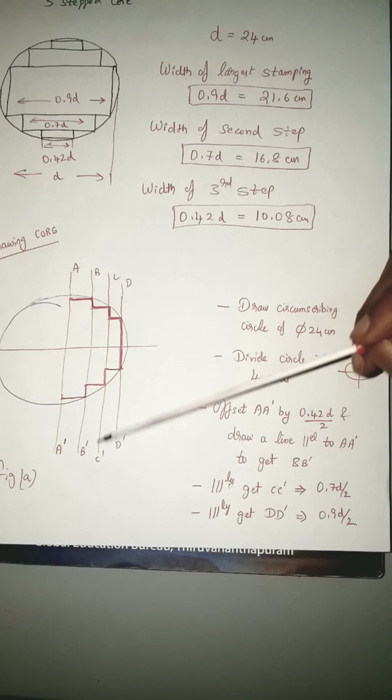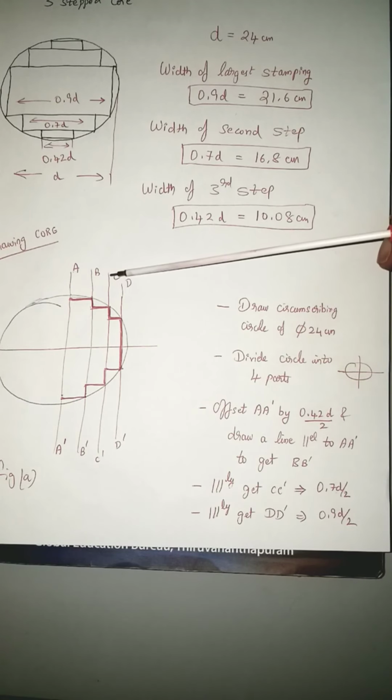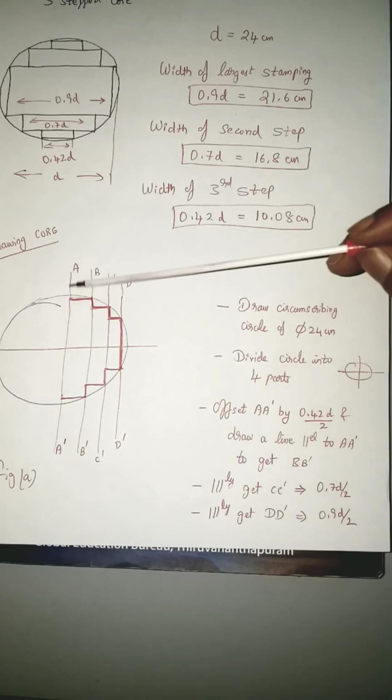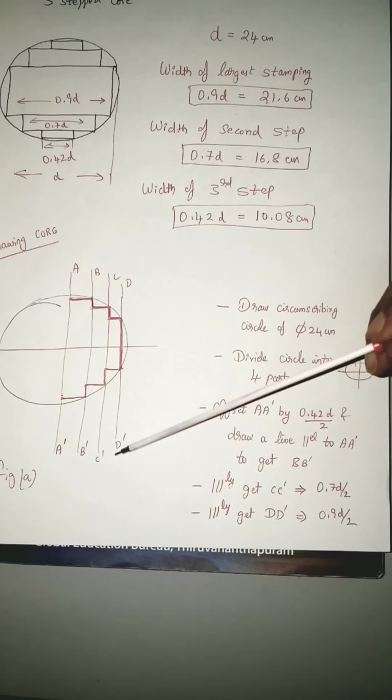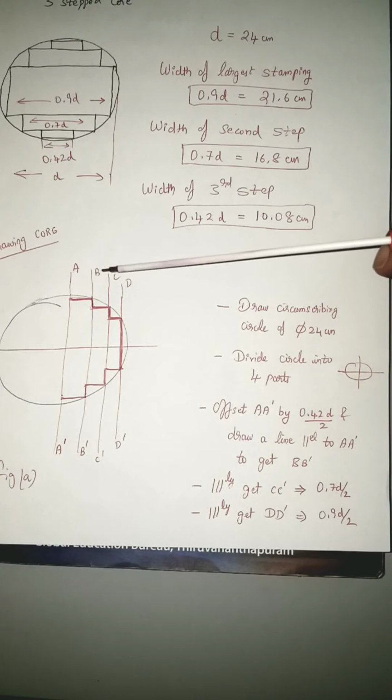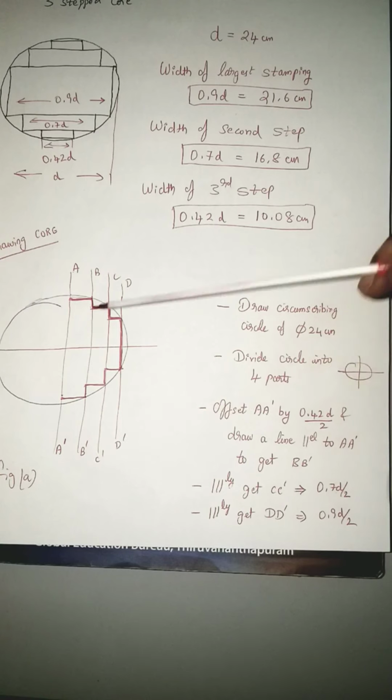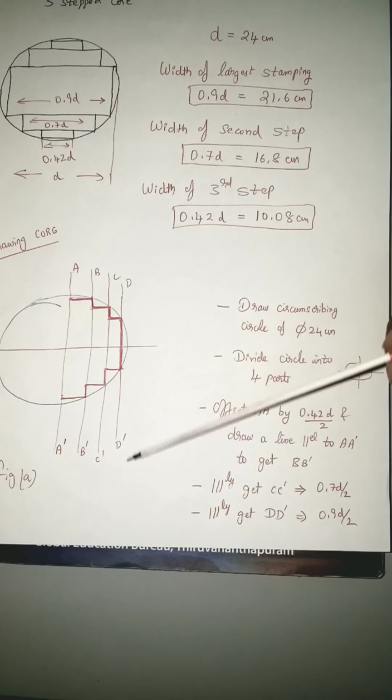Similarly, offset this AA dash by a distance of 0.9 D by 2 in order to get DD dash. So you'll end up drawing 3 construction lines: BB dash, CC dash and DD dash.